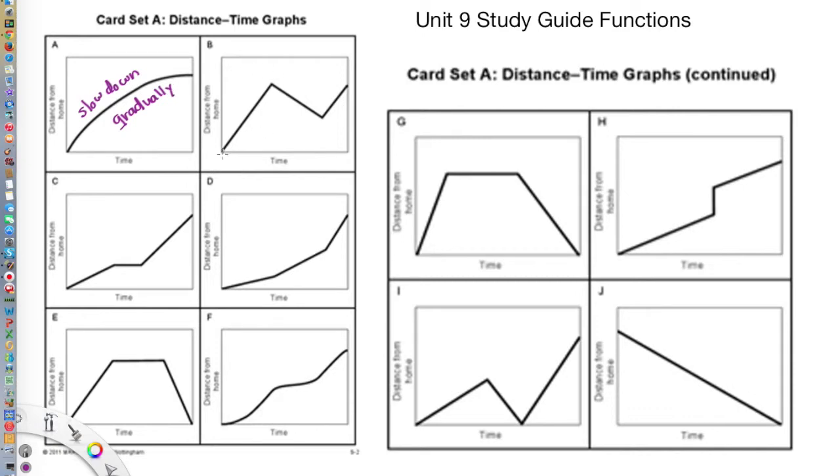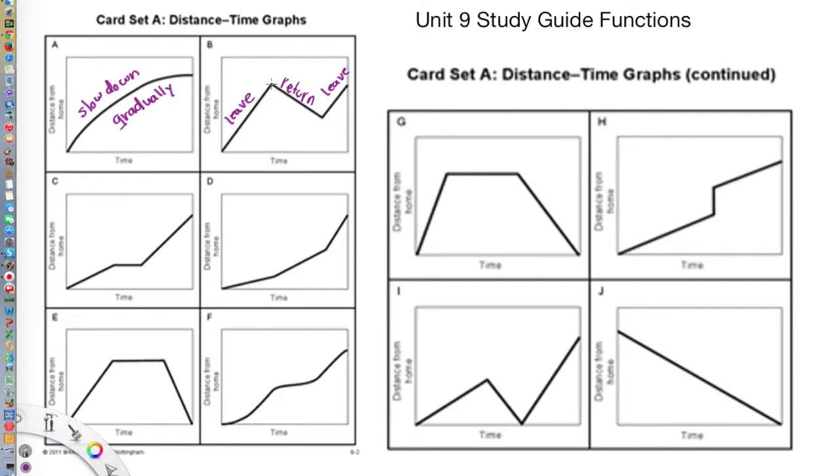Here in B, we see that we're leaving our starting spot. Then we see this decline, which means we're returning back to our starting spot, or home, and then we're leaving again. That's what these ups and downs are. The steepness of the line says something about the speed or the rate at which you're traveling.